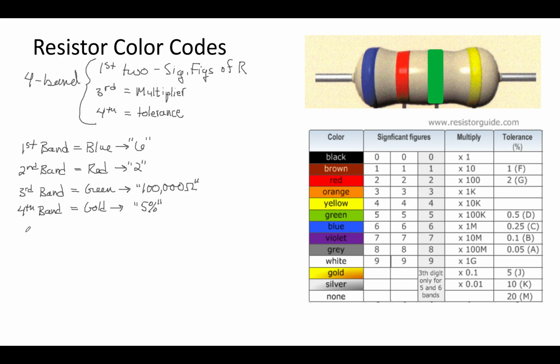So the resistance is 62 times 100,000 ohms. And so that's 6,200,000 ohm. And you could just use 6.2 mega ohm.